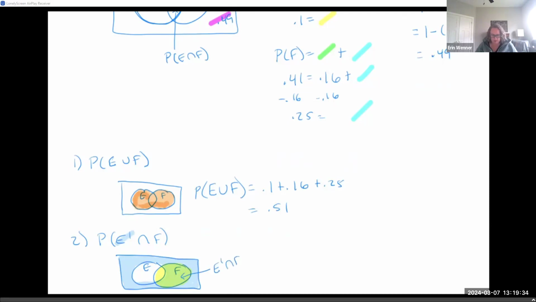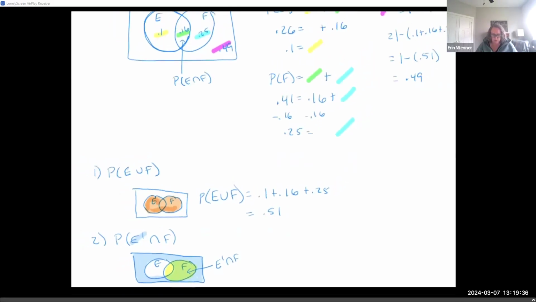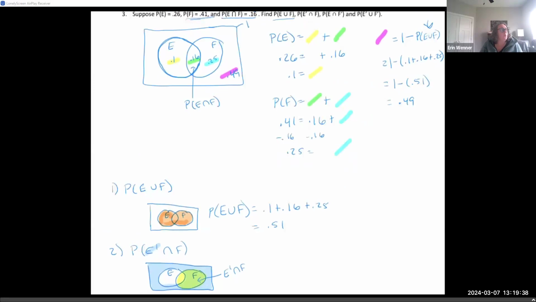And if we go back, let me zoom out, we go back to our main drawing. What is the number that's associated with that space? Well, the number that's associated with that is going to be 0.25. So the probability of E complement intersecting F is going to be 0.25.